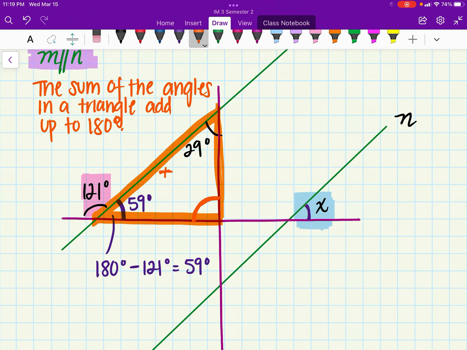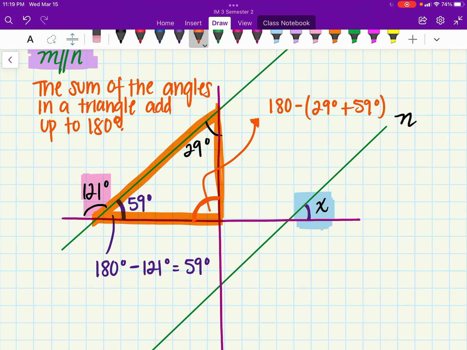So let's go ahead and do that. I'll do it in orange here, up on the top. Once again, the sum has to be 180, and I'm going to subtract from that whatever I get with 29 degrees plus 59 degrees.